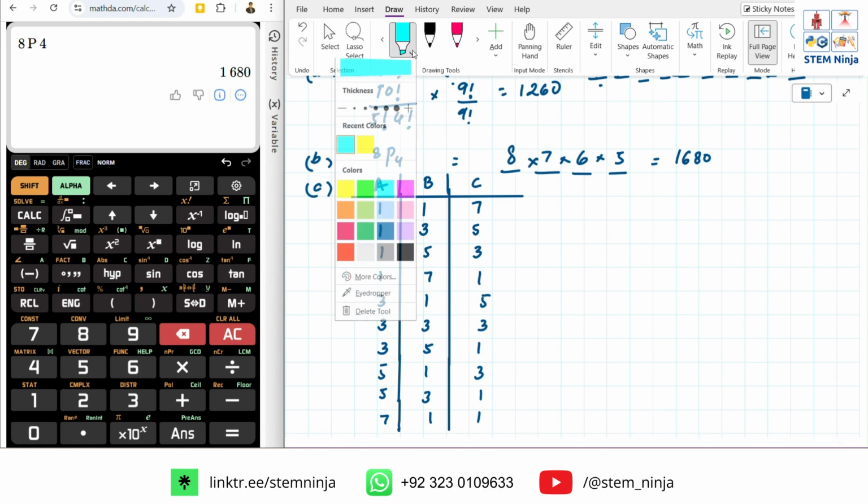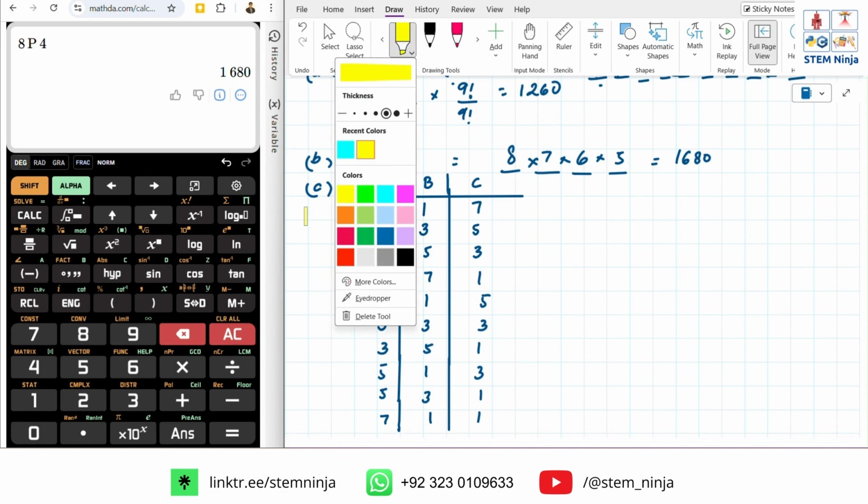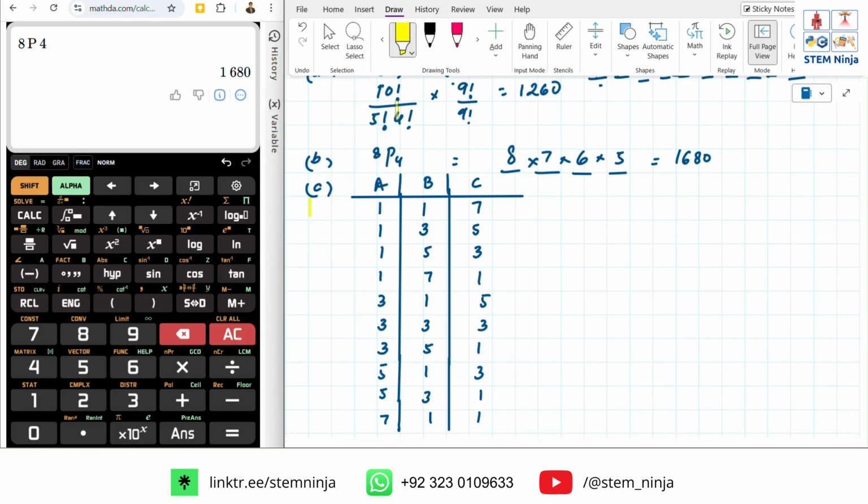So let's count the possibilities, because the combos that we have, 1, 1, 7, 1, 3, 5, and 3, 3, 3, will yield the same values no matter how many we have.